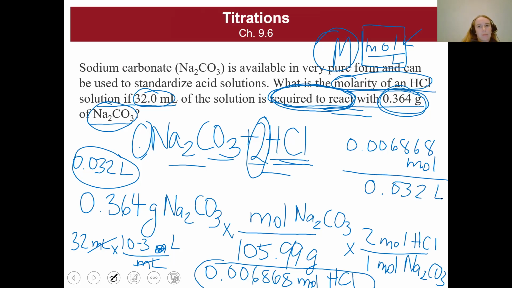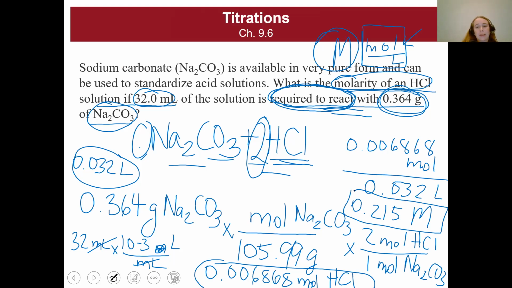And when I plug that in my calculator, I get 0.215 molar HCl. That is our concentration of HCl.